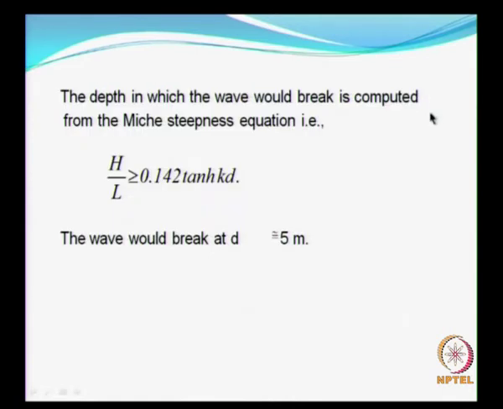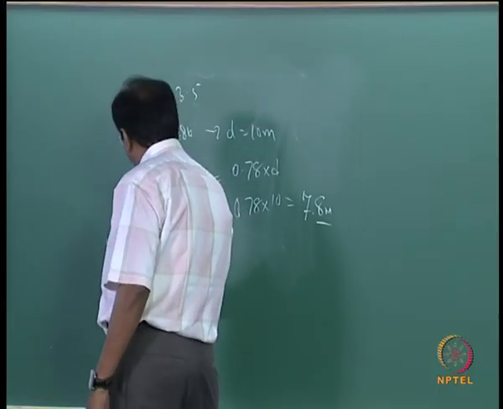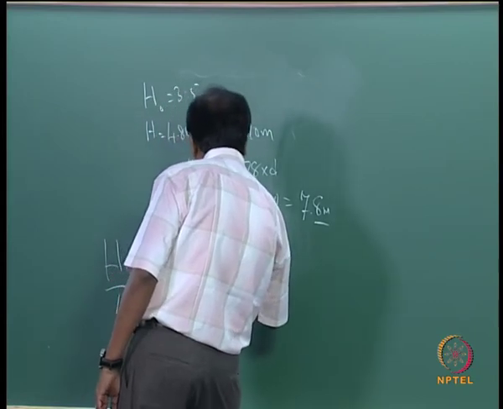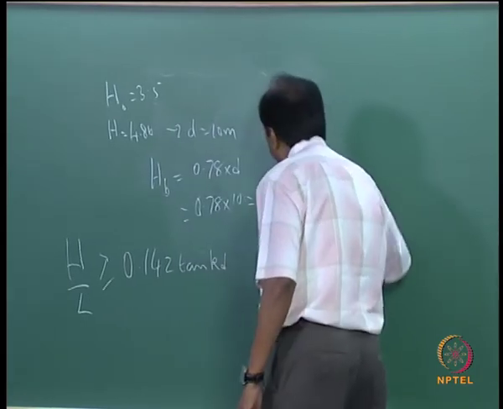What is the criteria? The criteria is H by L is 0.142 tanh kd. This is a well known criteria.